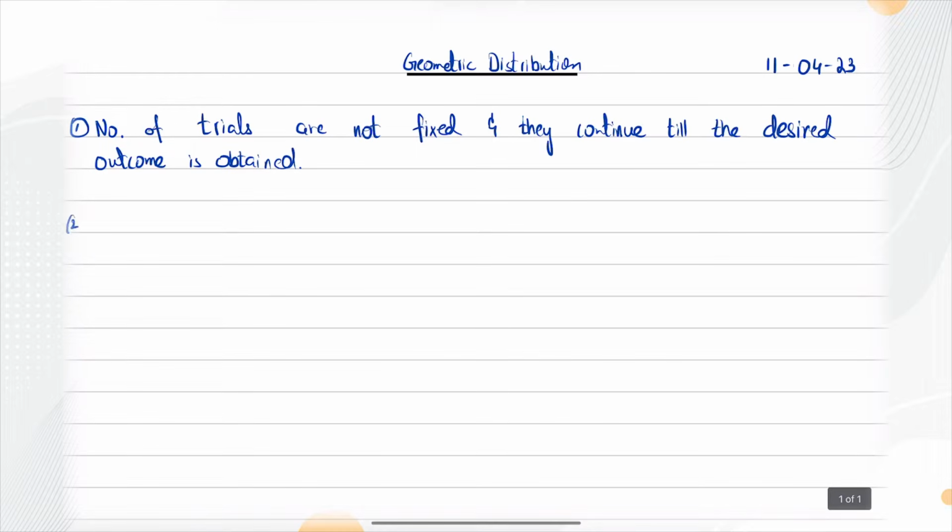Point number 2, same as binomial, is that the probability of success and failure is fixed.